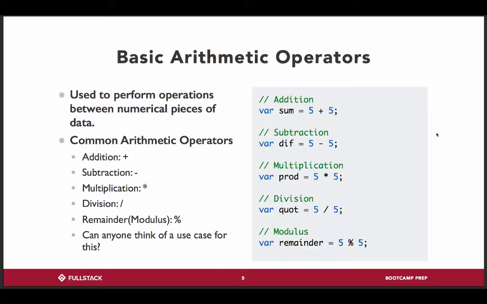The modulus is a really fun one that actually comes in handy a lot. It's the remainder. So you take 5 divided by 5, and whatever that remainder is, in this case 0, would be returned. You might have seen this earlier today in checking whether or not something was even.